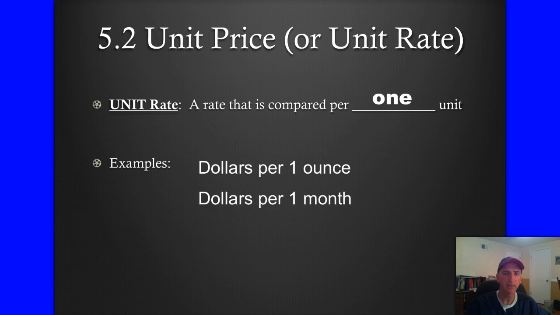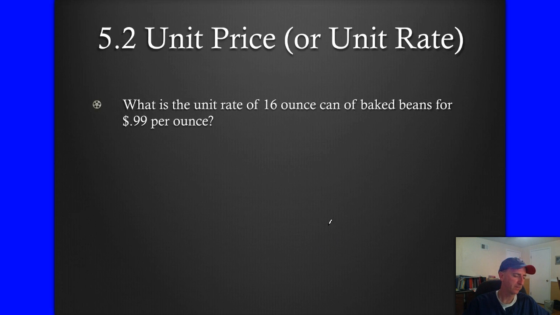That's a unit rate when it's per 1. Miles per 1 hour. But we don't actually say per 1. I just put it in there so you understood that that's what it was. But when you say miles per hour, you're talking about miles per 1 hour, so on and so forth with that.